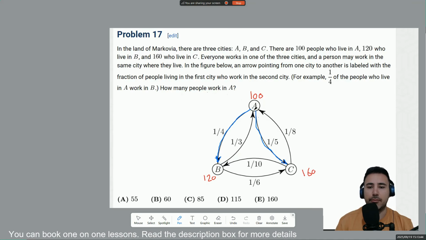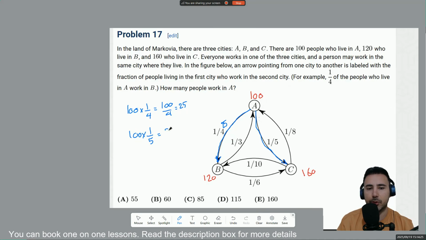So of these 100 people, a lot of them leave. Let's see how many people leave from this 100. 100 times 1/4. We just saw that. This is equal to 100 over 4, which is equal to 25. So 25 people leave A. And now of these 100 people, 1/5 of them also leave, right?